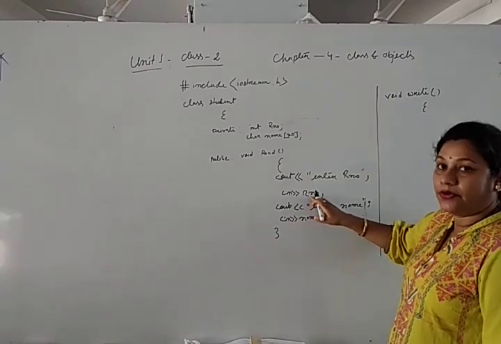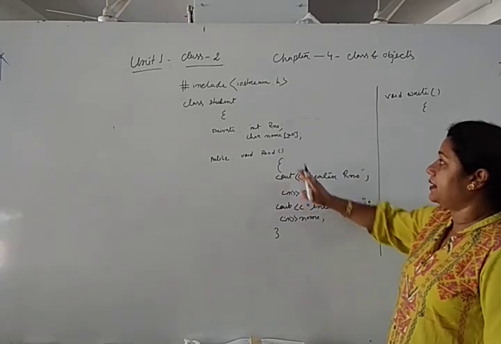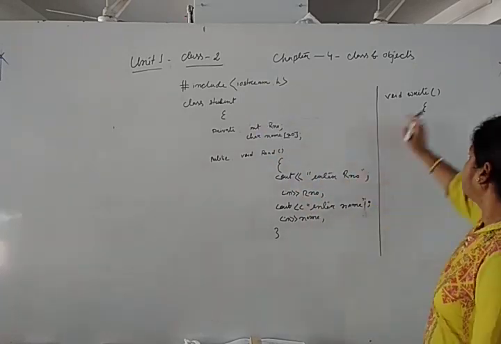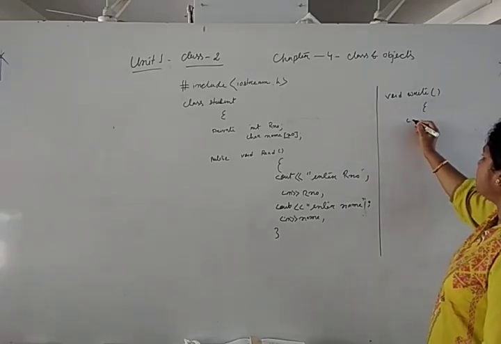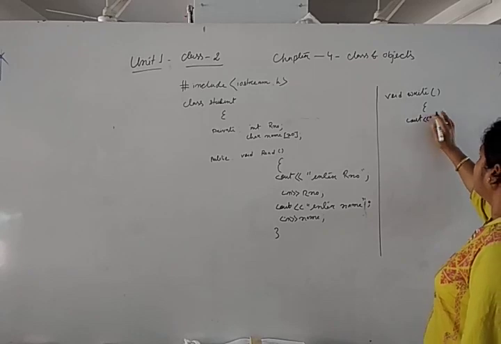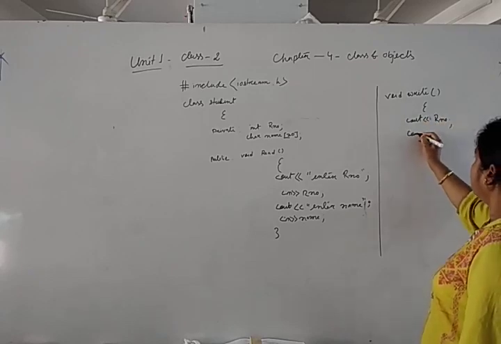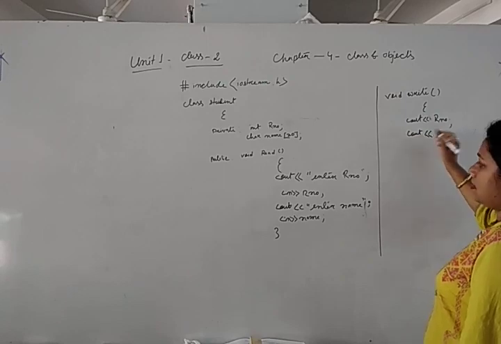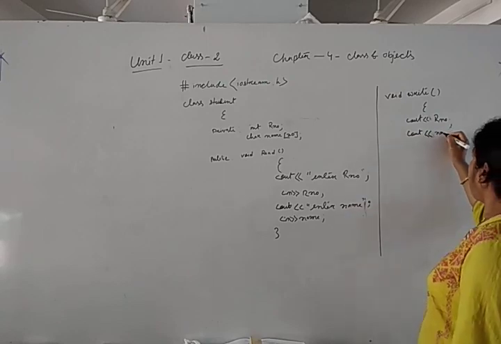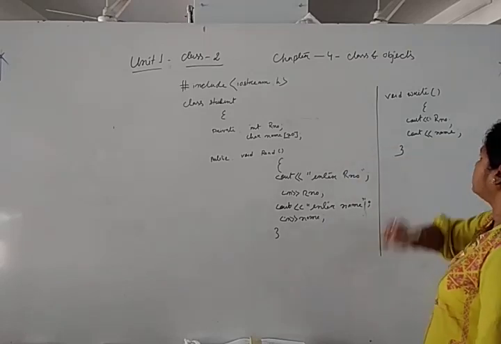After processing, it will display the roll number and name of the student. So see, here I use the cout function, and it displays the roll number and also the name of the student, a member function of the class student.